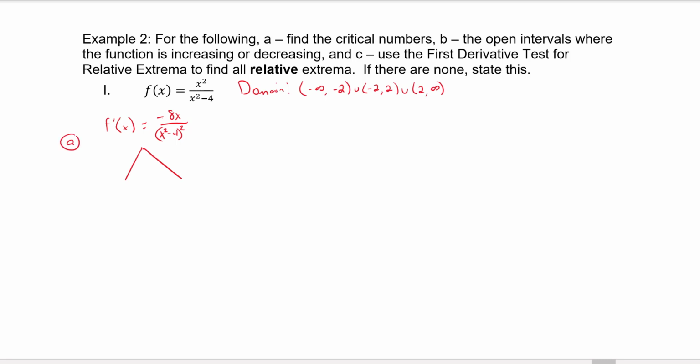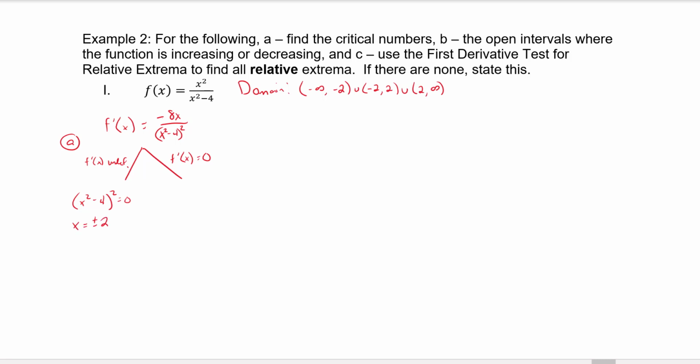We need to find where f prime is undefined, or where f prime of x equals 0. F prime of x undefined means our denominator equals 0, so x squared minus 4 squared equals 0. Solving that, you get x equals plus or minus 2.